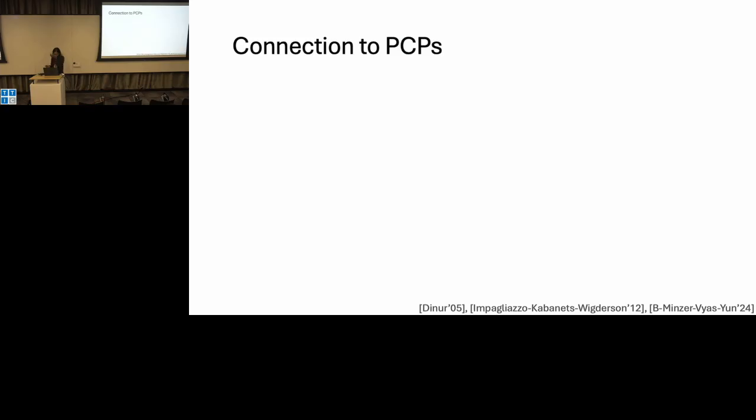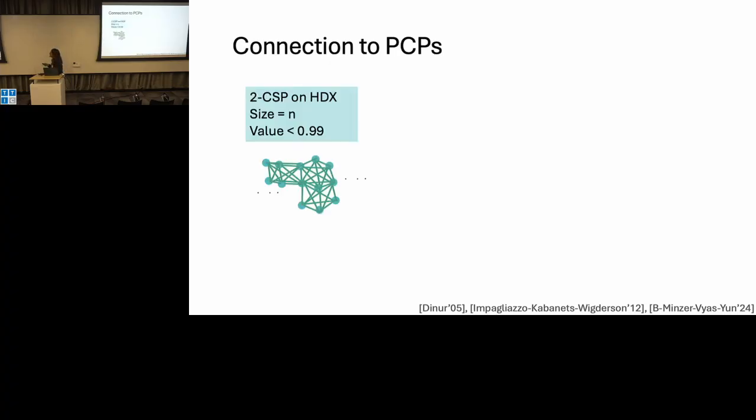So, just a very quick slide on what the connection of direct product testing with PCPs is. As I said, consider a 2CSP on this specific graph where each hyperedge has been replaced with a clique, and now your constraints only have this very specific structure.